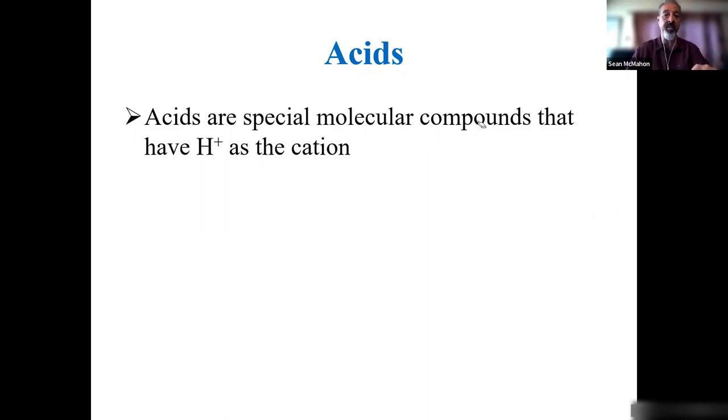That's why later when we discuss solutions and acids and bases, we'll use the definition as a proton donor or proton acceptor, because all a hydrogen atom is, is a proton in the nucleus and an electron. If I remove that electron, all that's left is a proton.